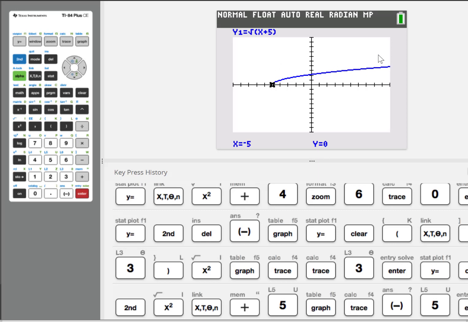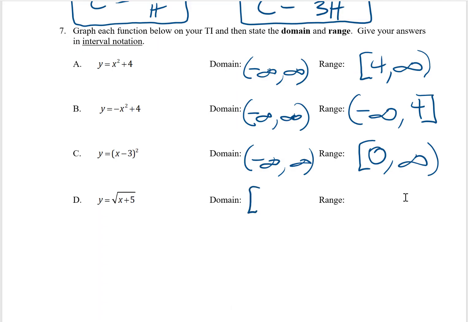This thing keeps getting bigger and bigger and bigger, so every y above that will be used. Looks like the domain is negative 5 to infinity, and the range is 0 to infinity. So domain negative 5 to infinity, including the negative 5. Range 0 to infinity, including the 0. You can see where the graph is very helpful in determining this information.